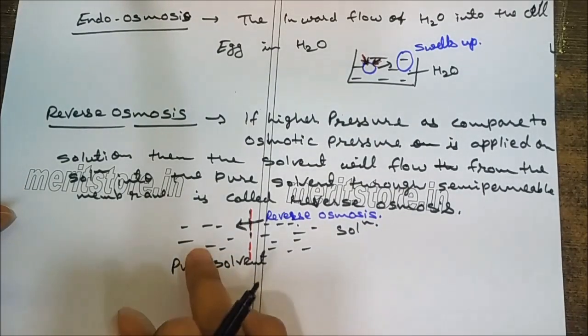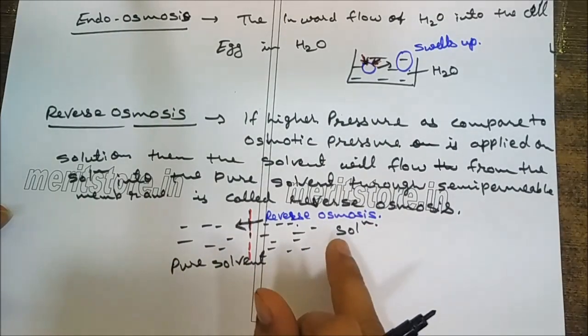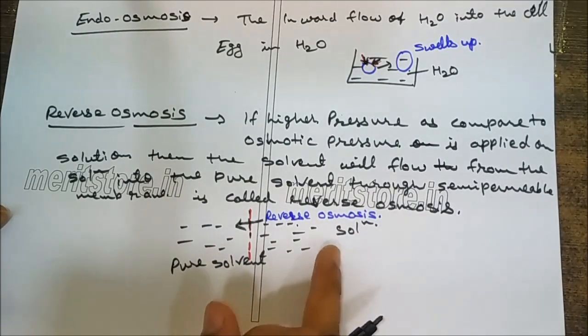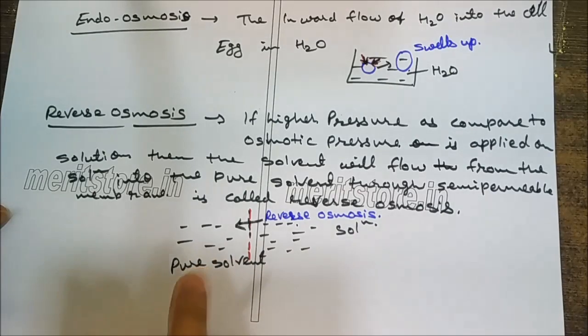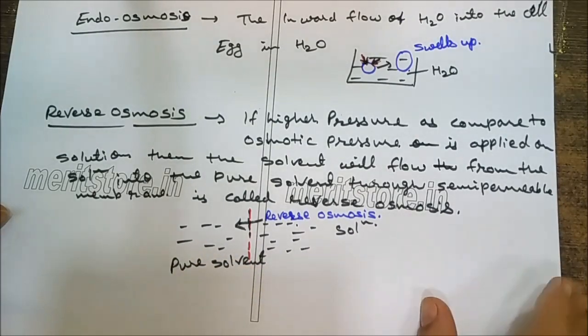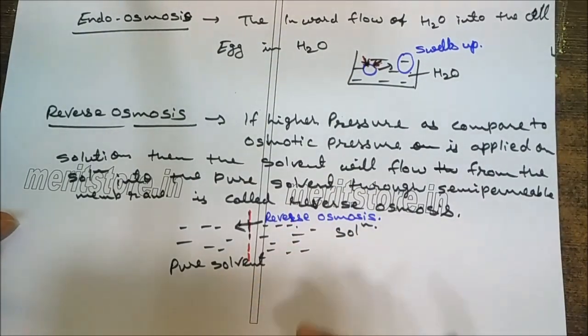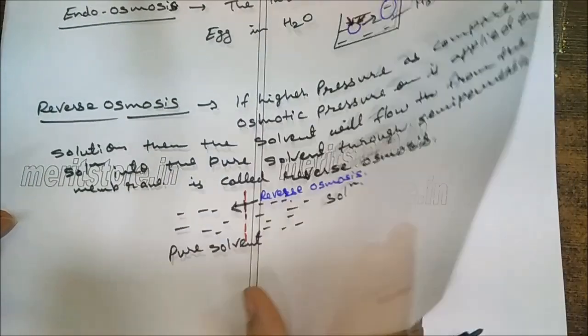In osmosis, it is going from pure solvent to solution, but in reverse osmosis, it is going from the solution to the pure solvent, and this process will happen only in the presence of high pressure. As we are applying pressure to reverse the process, it is called reverse osmosis.